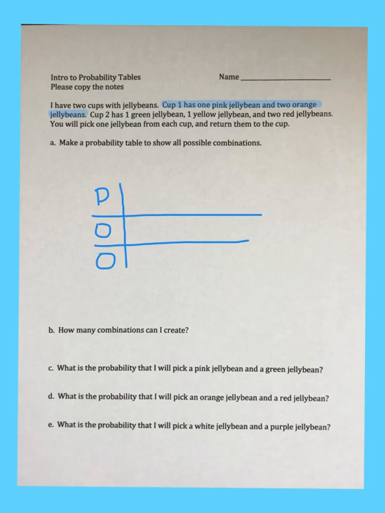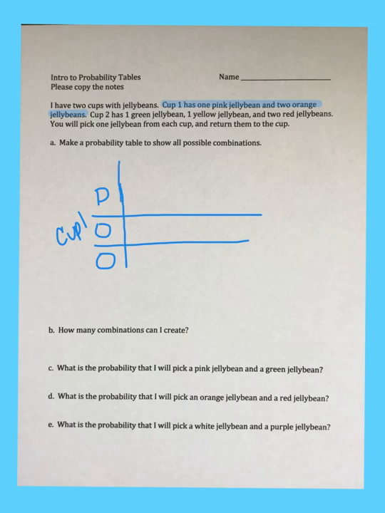I can't just put 1 orange because there's 2 in that cup. So in there I need to have 3 rows on the vertical column, and this is cup 1. And that is because there's 1 pink jelly bean and 2 orange jelly beans for a total of 3 jelly beans.